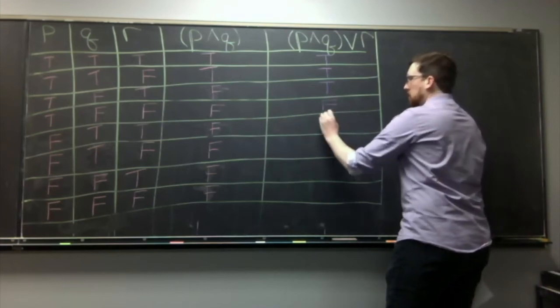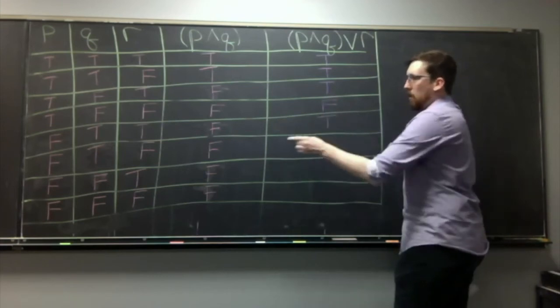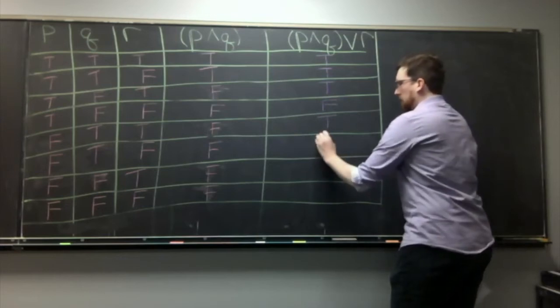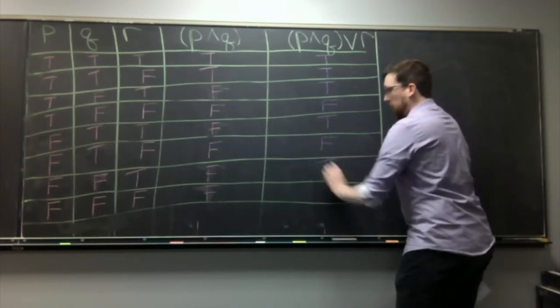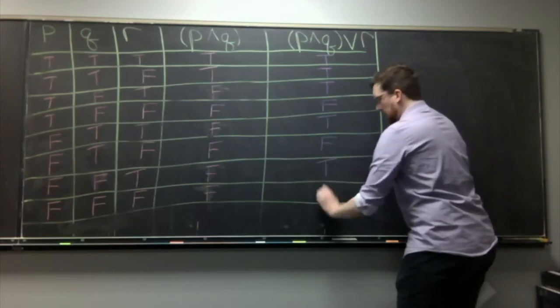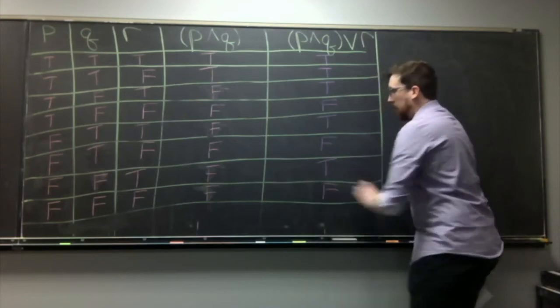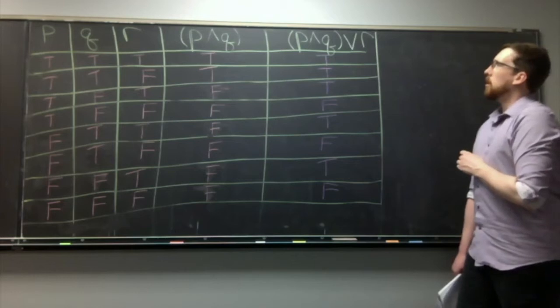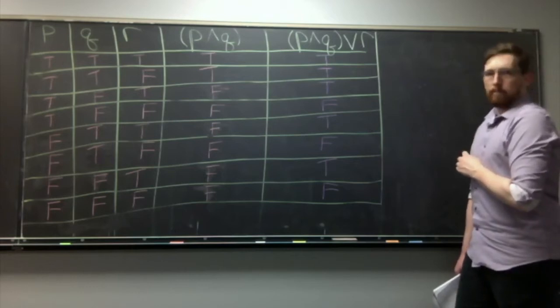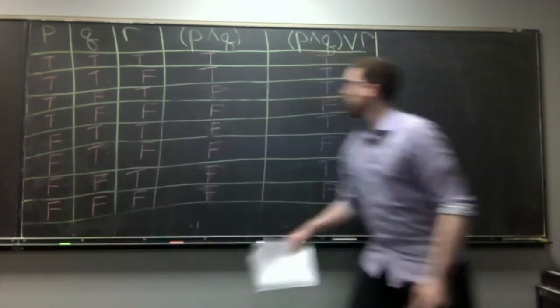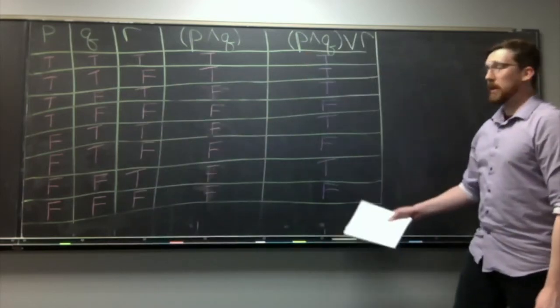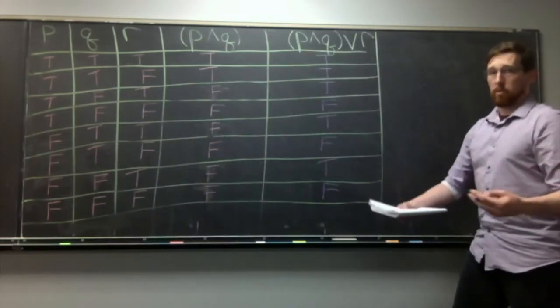True or false, true. False or false, false. True or false, true. False or false, false. All right, so now we've used everything we've got up to this point to figure out what the possible truth values are given each individual case.